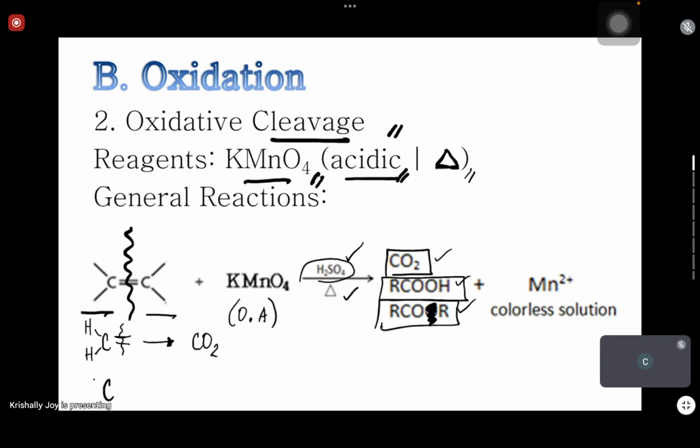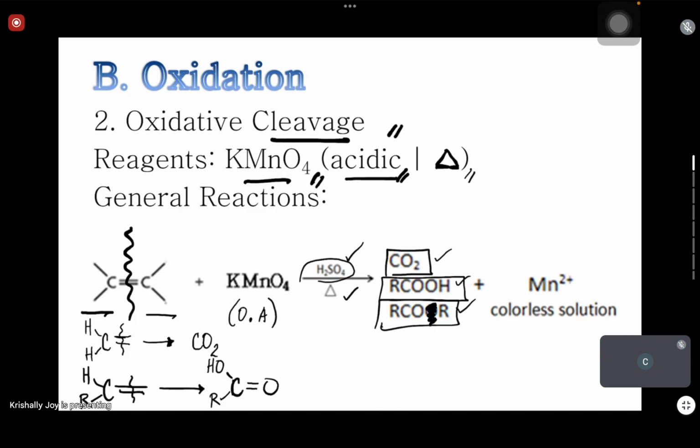If puro R group naman, or yung isa hydrogen and yung isa organic group ang cleaved portion, then that's the time it becomes carboxylic acid. Okay? Carboxylic acid. Then you have an R group.